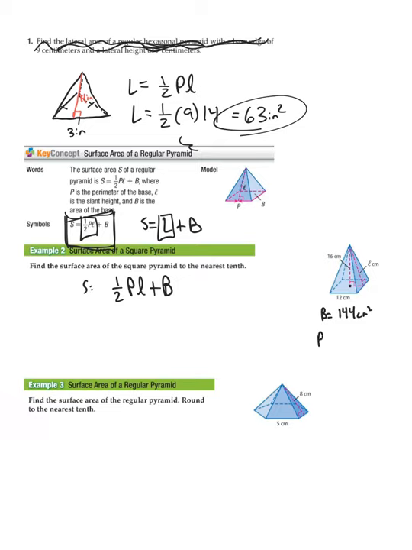The perimeter of the base, 12 plus 12 plus 12 plus 12, 48 centimeters. We're not given the slant height here, so we'll need to find it. That's the only part of the formula we don't have. We're given the altitude, sometimes called the height of the pyramid, measured from the center of the base to the point.